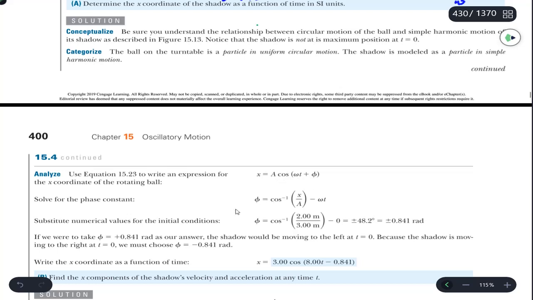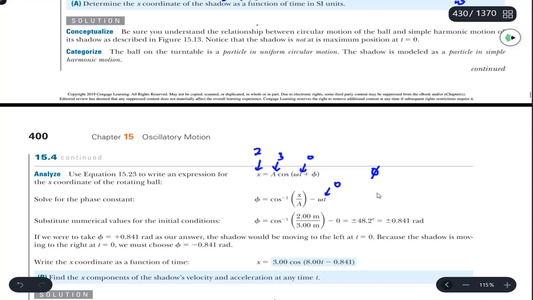And now you are going to find the value of phi by substituting t equal to 0. During that time, x is known as 2, while amplitude is given as 3. So when you simplify and solve, again this is 0, you arrive with this value.